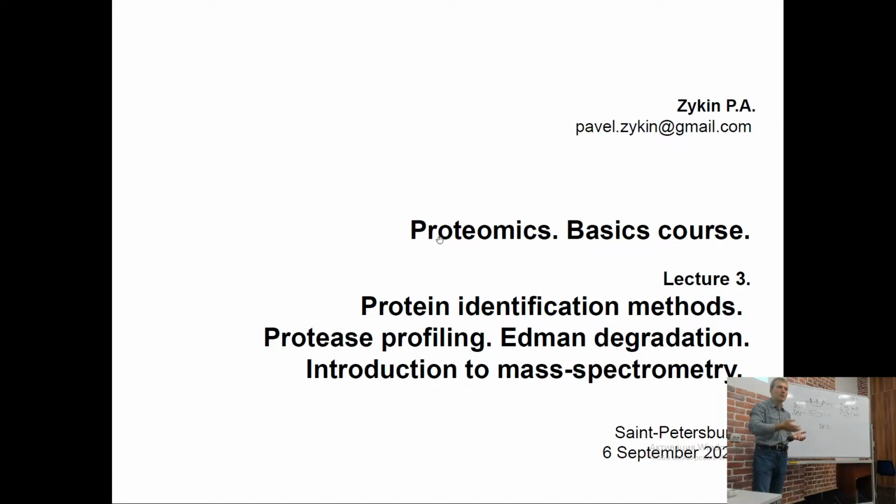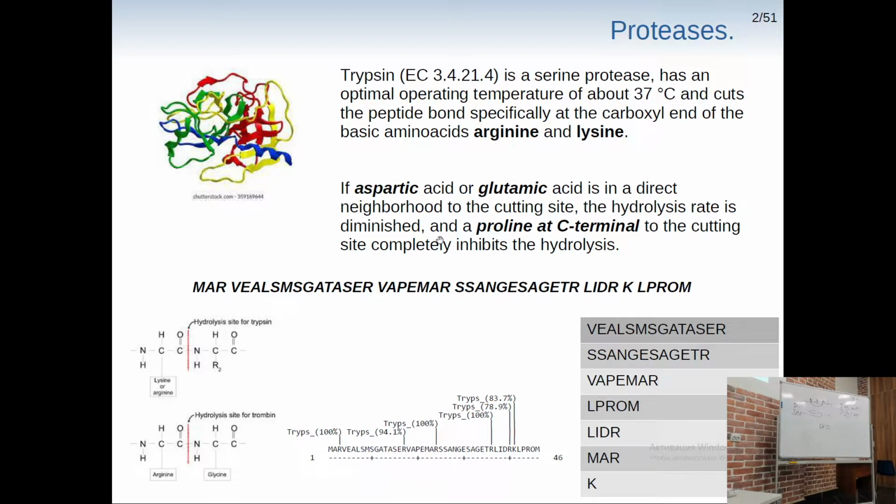We need to have some small information which allows us to search this database for sequenced organisms. But we'll have to start with, again, as with gel-based methods, some protein chemistry methods for some historical reasons and to be able to explain how those modern methods actually work. And we'll start with so-called protease profiling.